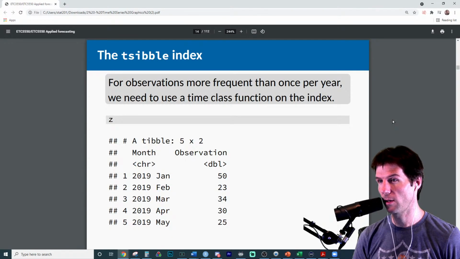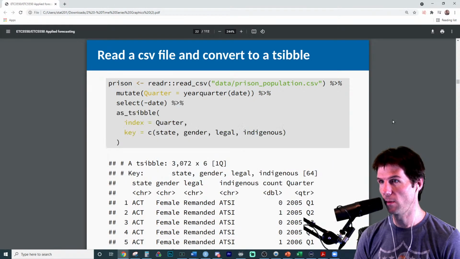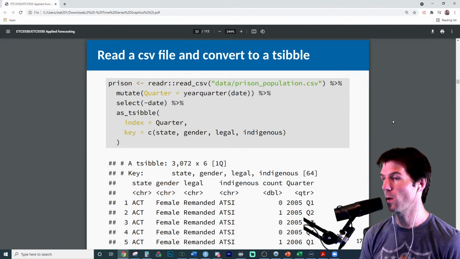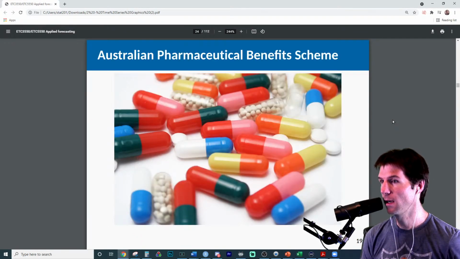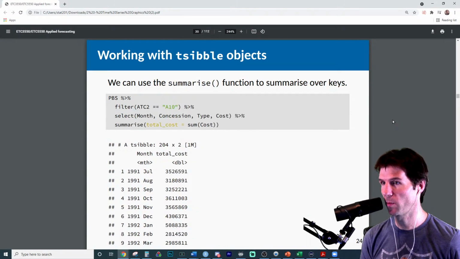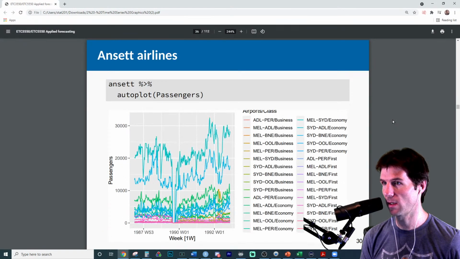If you look right here, there's the index. And think about how yours is going to look. It's not going to have all these things, but I see an index. I see a key. You can see different variables being brought in, summarizing in a lot of ways.